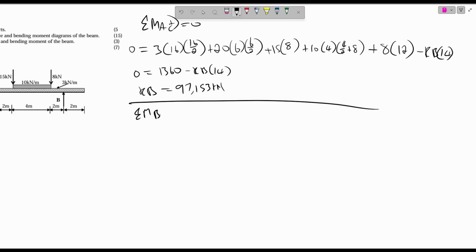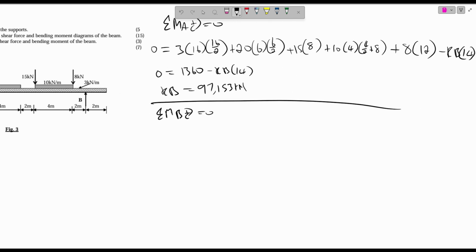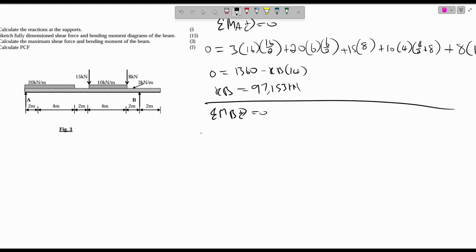Sum of moments at B, clockwise positive, 0. It's equal to, let's start with the 3 kilonewton.